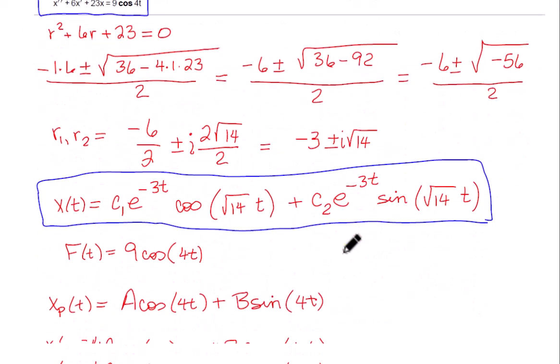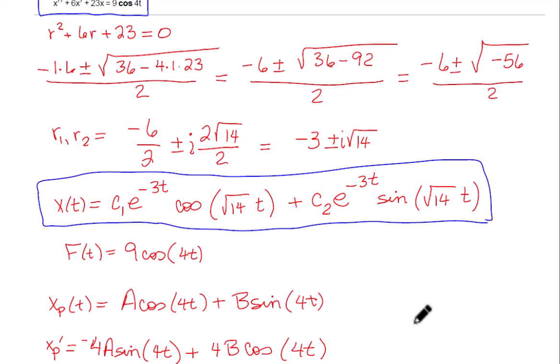So that means, here's my homogeneous solution, and here's my driving one. There's no conflict between the driving function and the homogeneous ones. So I've got my method of undetermined coefficients guess.